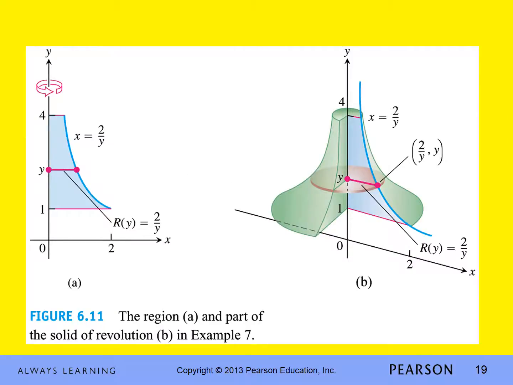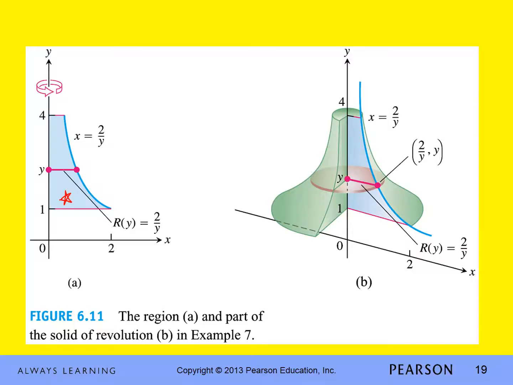That's what we would use here to find the volume of this rotated region in the xy plane. Okay, this region here, we're going to rotate it about the y-axis, and so we would use that formula, integral c to d, which in this case would be 1 to 4, integral c to d of pi times the square of r of y dy.